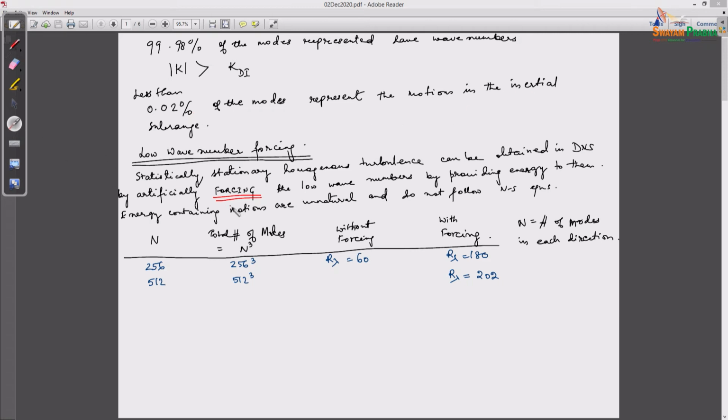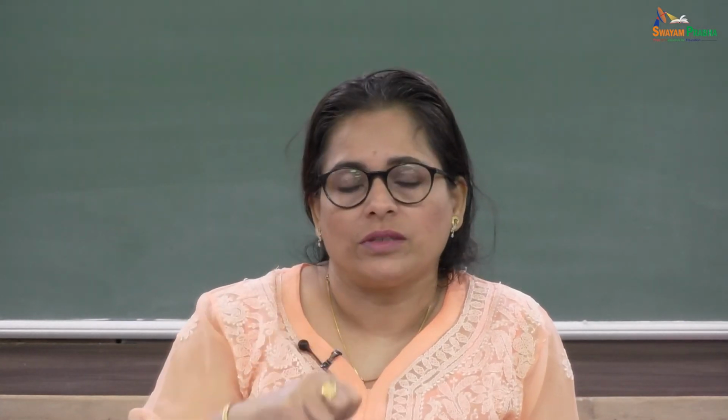So the energy containing modes are very small, and they are located in a very small range of motions. So it is easier to locate them and resolve those, compared to the others which are spread over a large range.